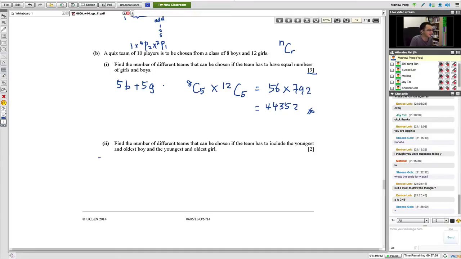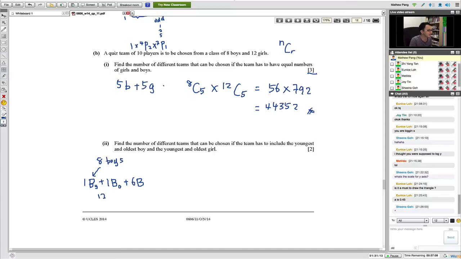I have 8 boys, right? So I will take out the 1, I will call it Y for youngest boy, and then plus 1 boy. I use capital B for boy. This boy is the oldest one, I write O. Plus 6 boys is the normal ones. Okay, so I do the same for the 12 girls.